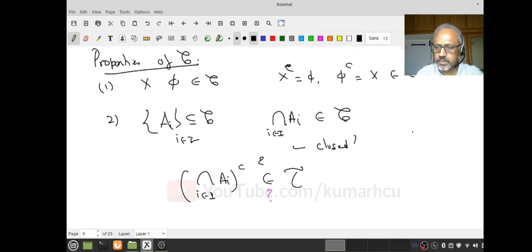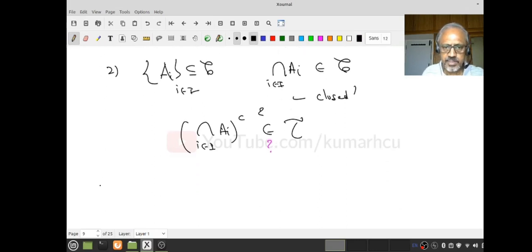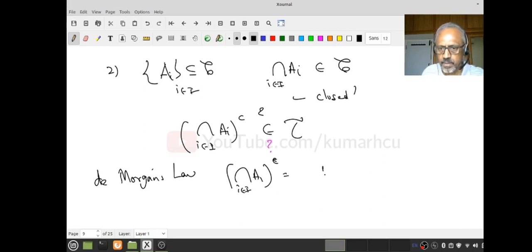Yeah, but that's very easy because we had already seen De Morgan's law. It says the complement of the intersection over i in I of A_i is nothing other than the union of the A_i complements, i in I. Okay.